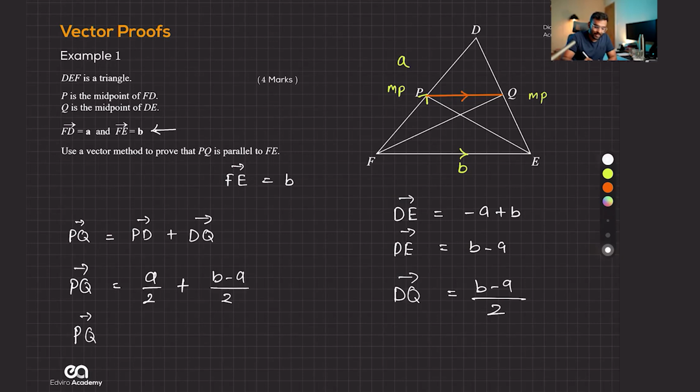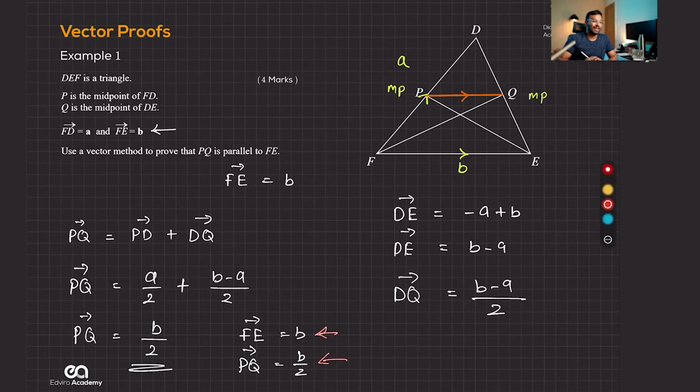And we have the same denominator. So when you add this, this will be B by 2. So here you can say that FE is B, PQ is B by 2. So do you see PQ is a multiple of FE? It's the same letters that you have got for both, correct? And therefore, they are parallel.